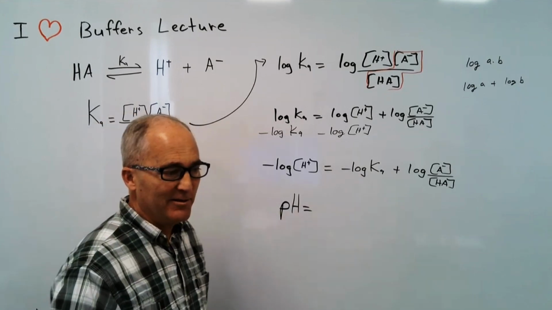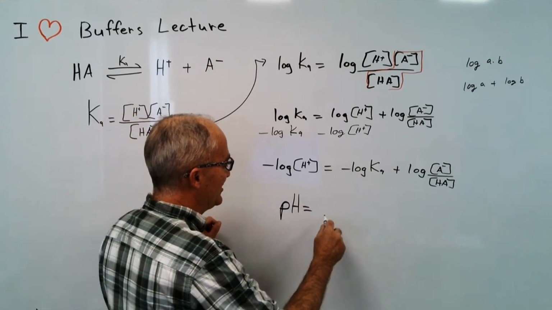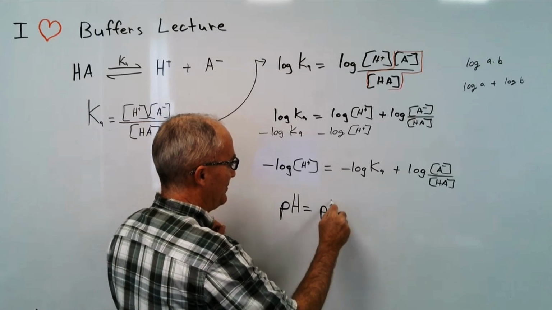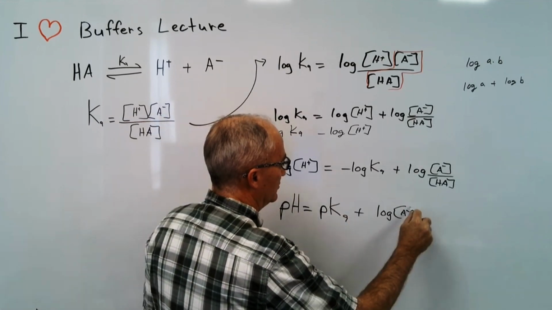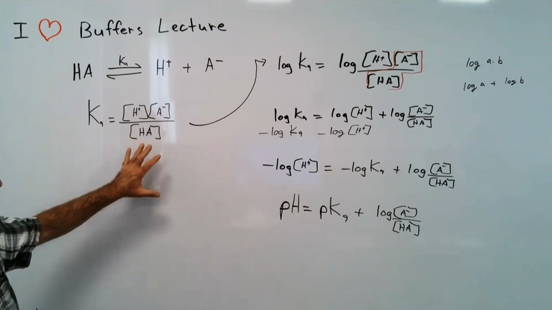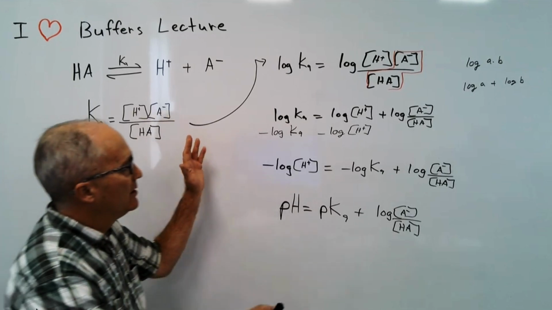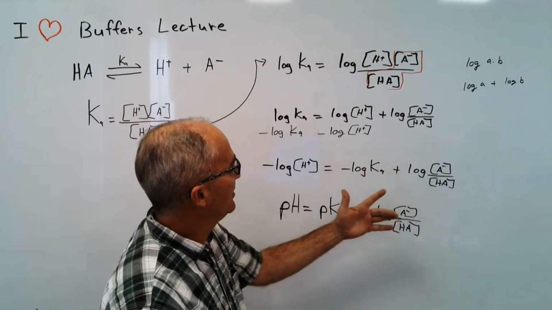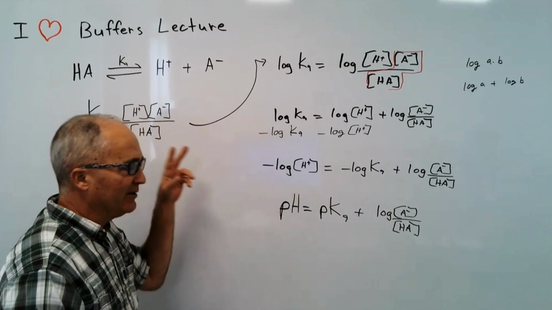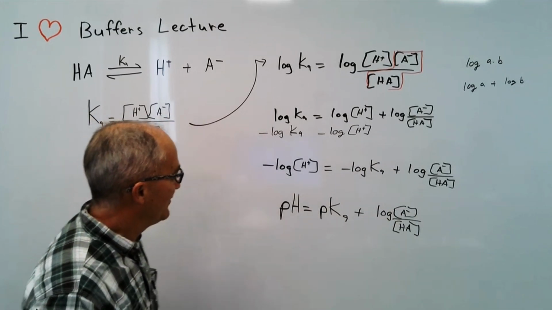We had pKw. This is just going to be P what? Ka. pKa. All right, so I've taken my equilibrium expression for weak acid, applied the property of logs, and logified the equation, my favorite word.